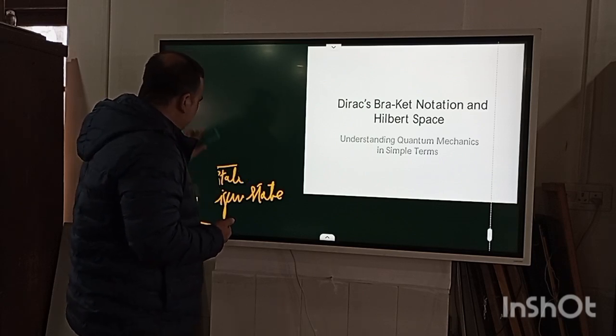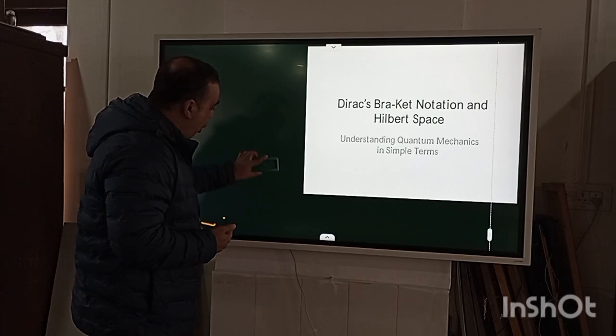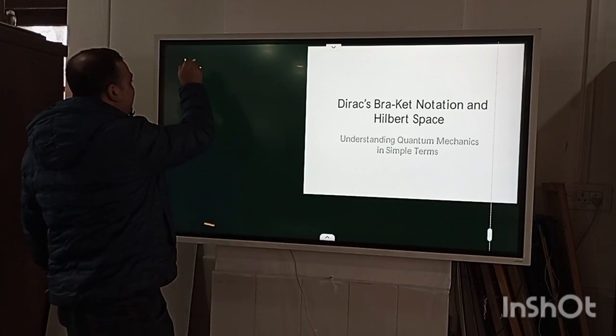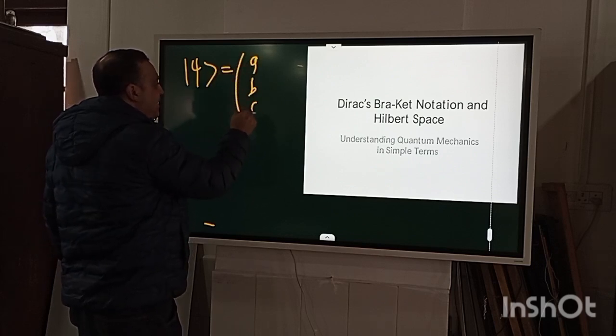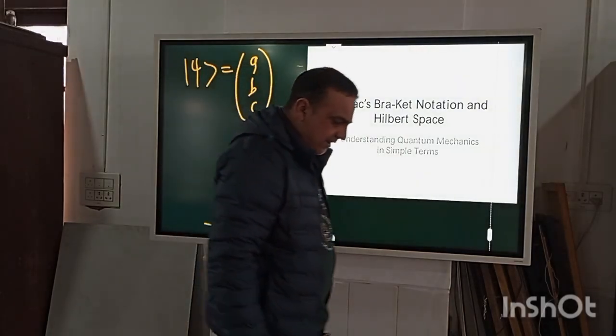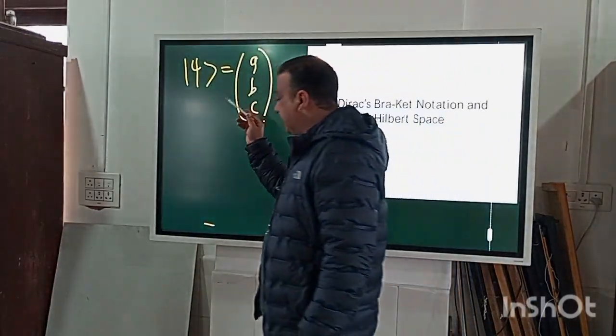It can represent a column matrix. We can have ket psi as a column matrix of A, B, and C.